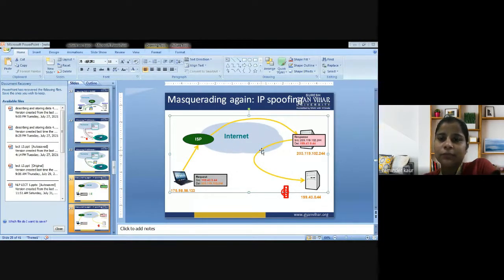Masquerading again, but in an alternative way. Responses, then responses, but who has responded? He does not know, but he is receiving the response. So he is the malicious user.